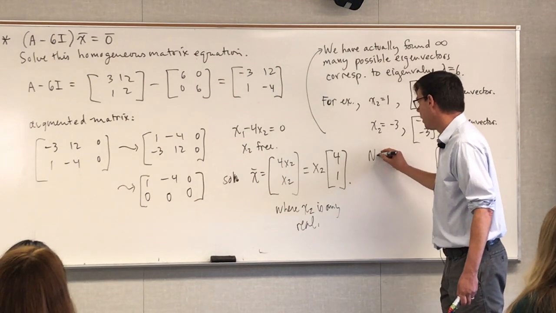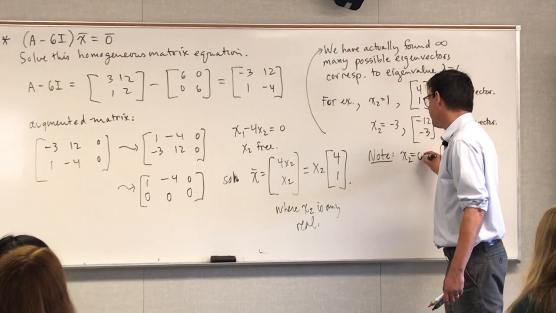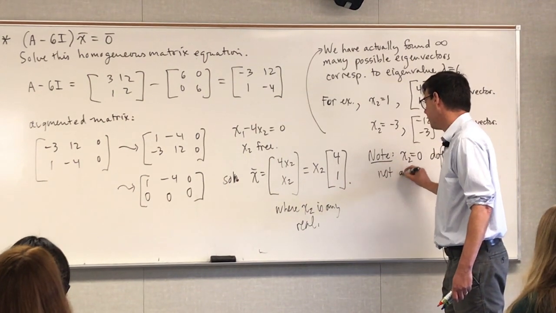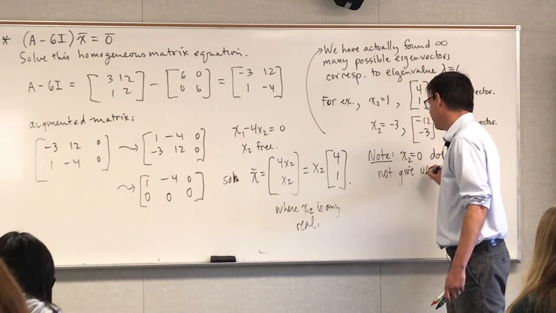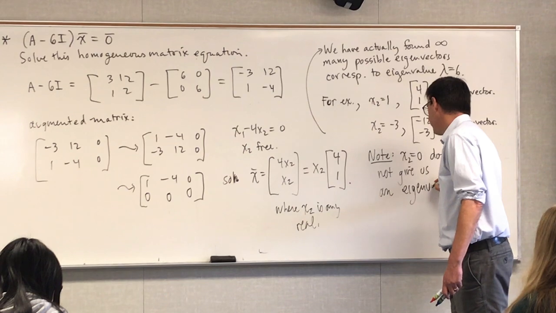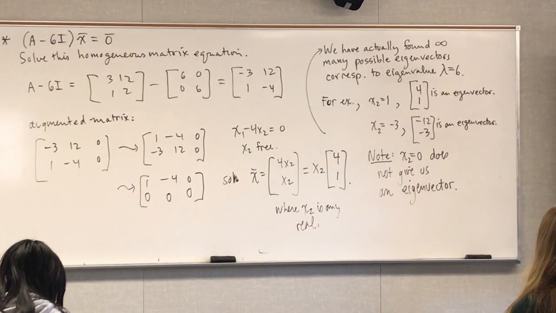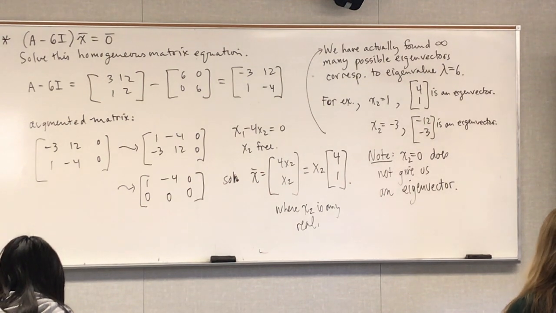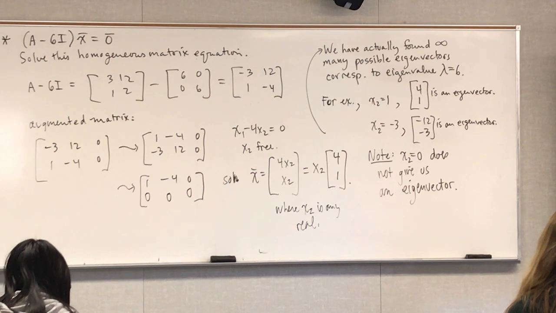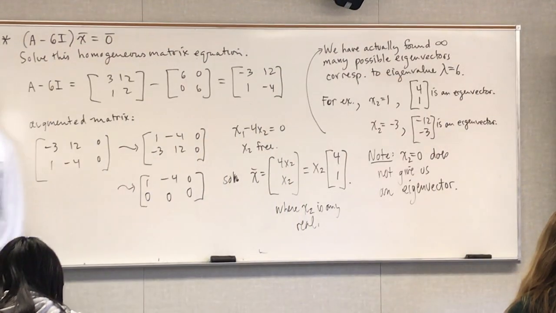But note, x2 equals 0 does not give us an eigenvector, because x2 equals 0 would give us (0, 0). And the 0 vector is not an eigenvector, is never an eigenvector.